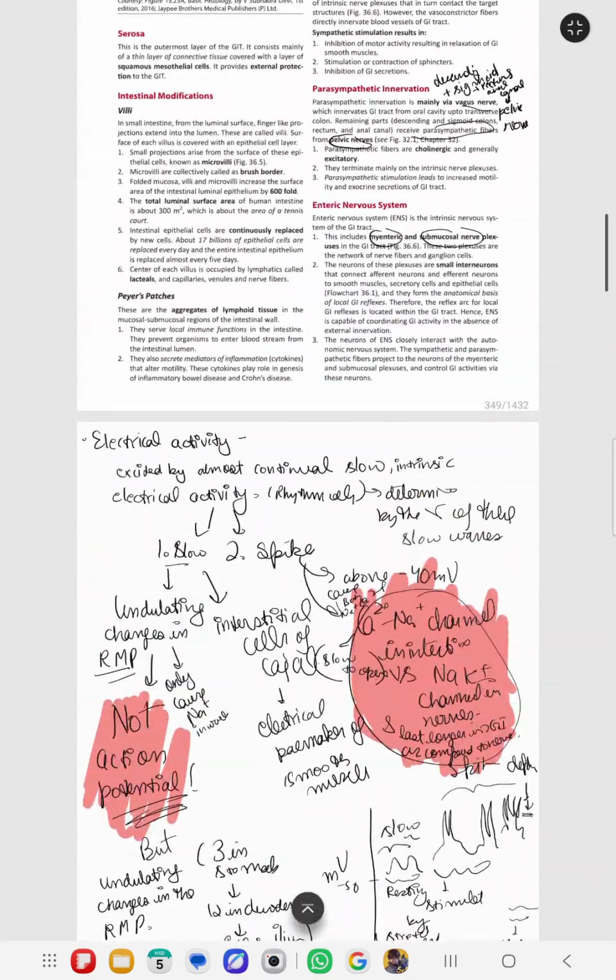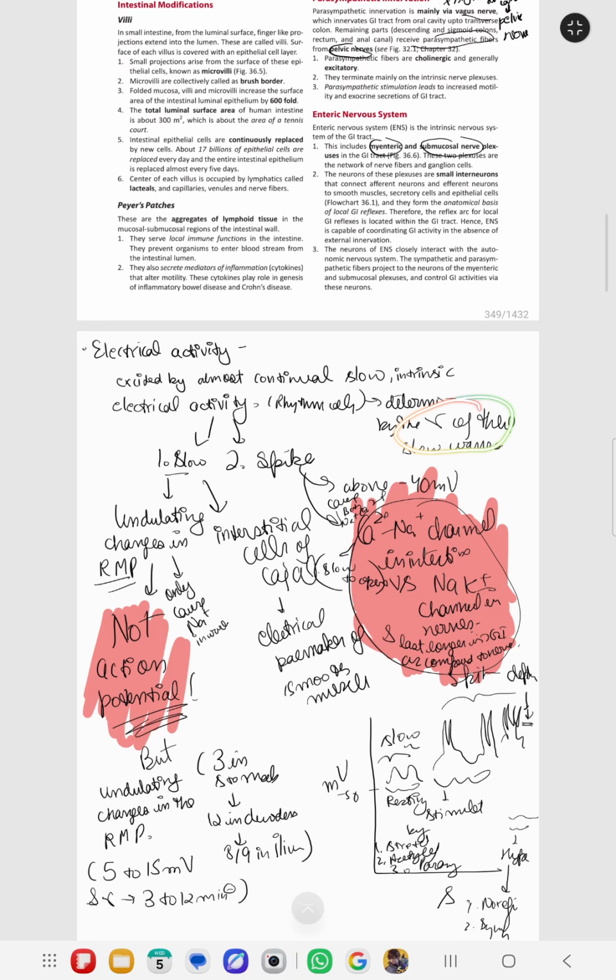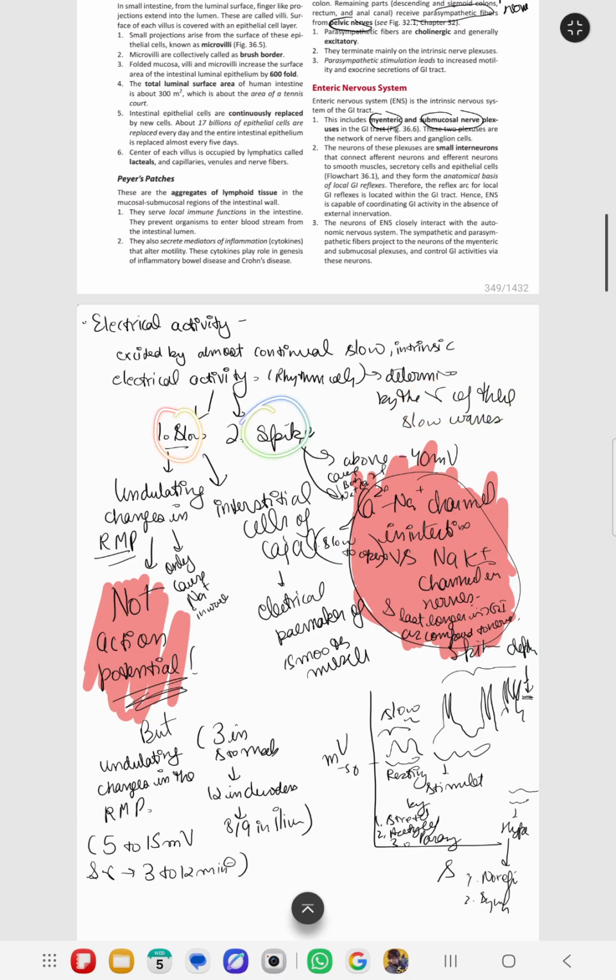Now there are some notes I have written. Electrical activity in the small intestine is excited by almost continuous low intrinsic electrical activity, rhythmical, determining the frequency of slow waves. There are slow waves and spike waves.